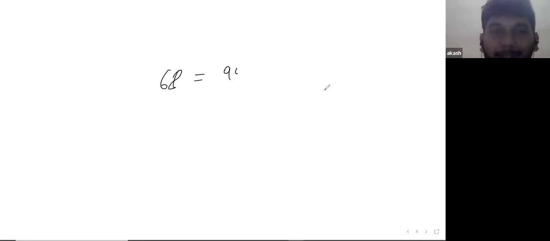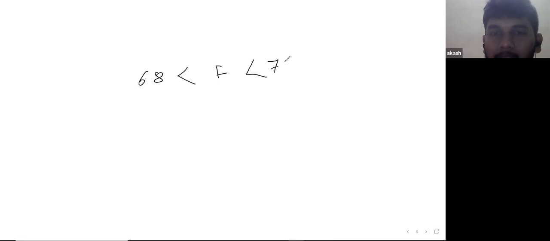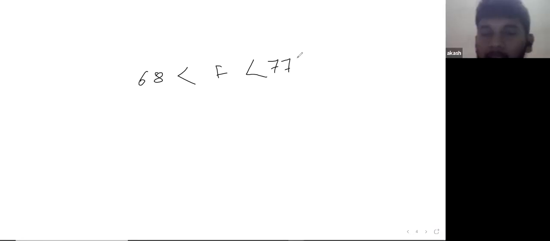Yeah, you can do that also, but using inequalities, can we simply write that 68 should be less than Fahrenheit, should be less than 77? Can I write like this? Yes, sir. Gautam, is that equation correct?